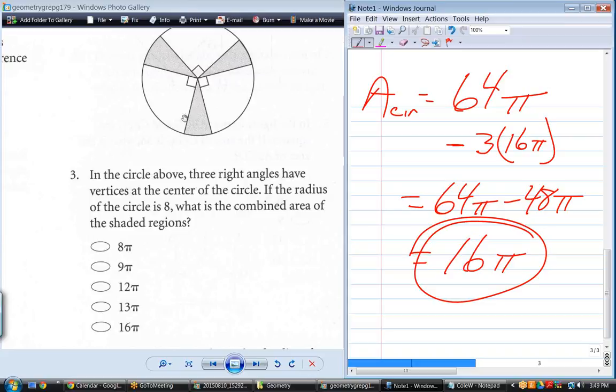We don't even know that they're equal to one another. In other words, we don't know that this angle is equal to that. It wouldn't have to be at all. So the only way to do this problem is the area of the full circle minus the 3 areas that we know we can calculate, because we know that's a 90-degree angle.